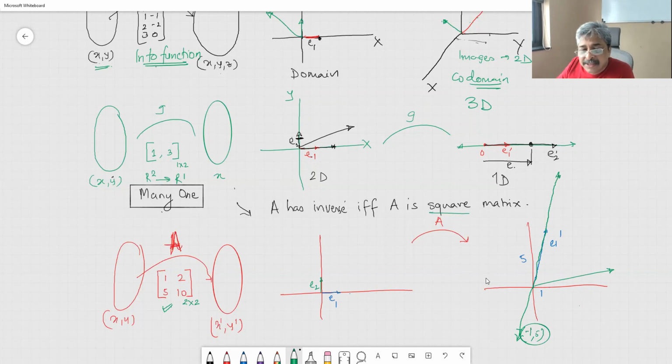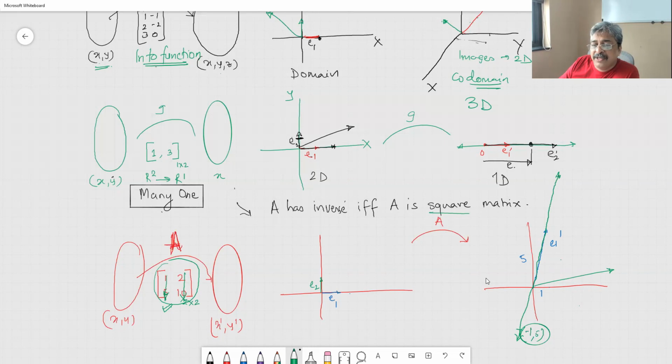When this happens, if you look at the determinant, these two vectors are not linearly independent. Had they been linearly independent in the codomain, they would span the complete two-dimensional space. But because they are dependent on each other, they are not spanning the two-dimensional space, which is dangerous for inverse.